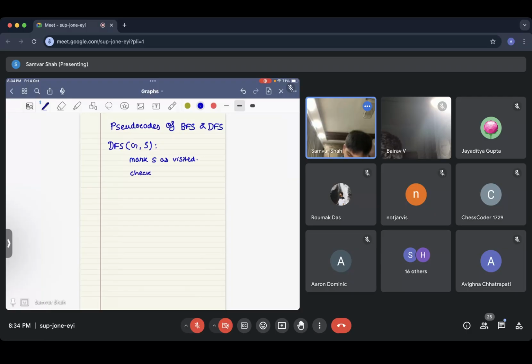Okay, for each neighbor N in S, mark N as visited. So this is a nice recursive method in which we can do DFS.